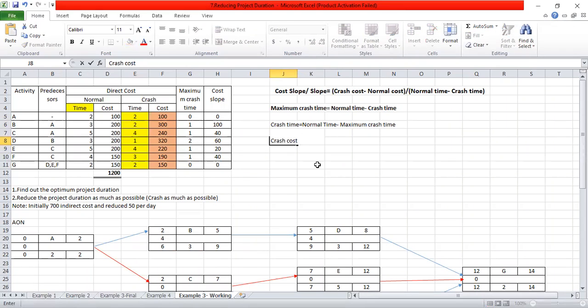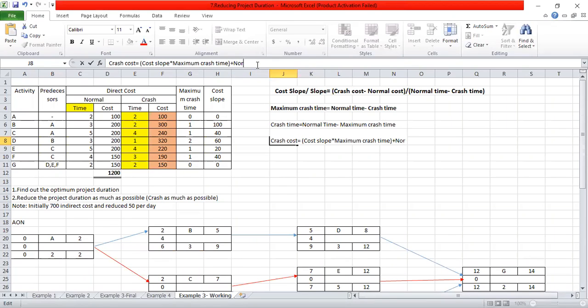Crash cost equals cost slope multiplied by the maximum crash time, right? And to the whole thing you have to add the normal cost.